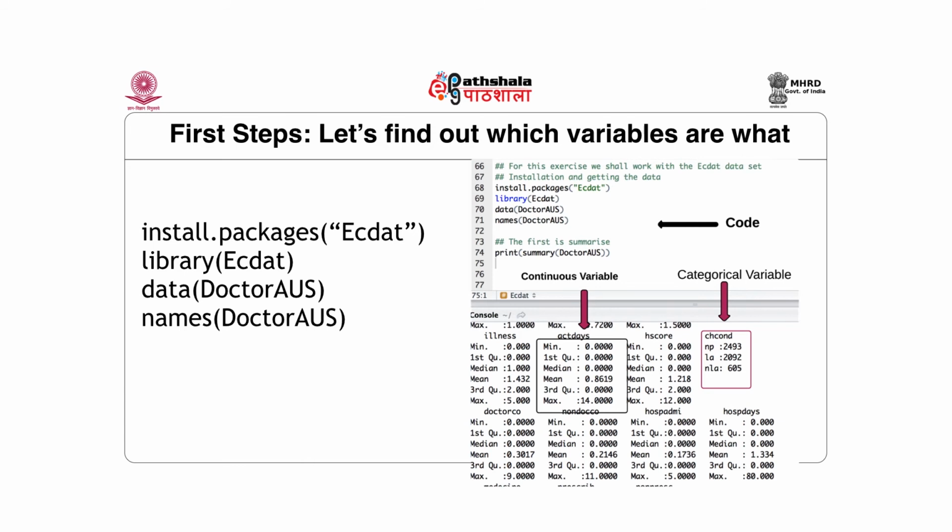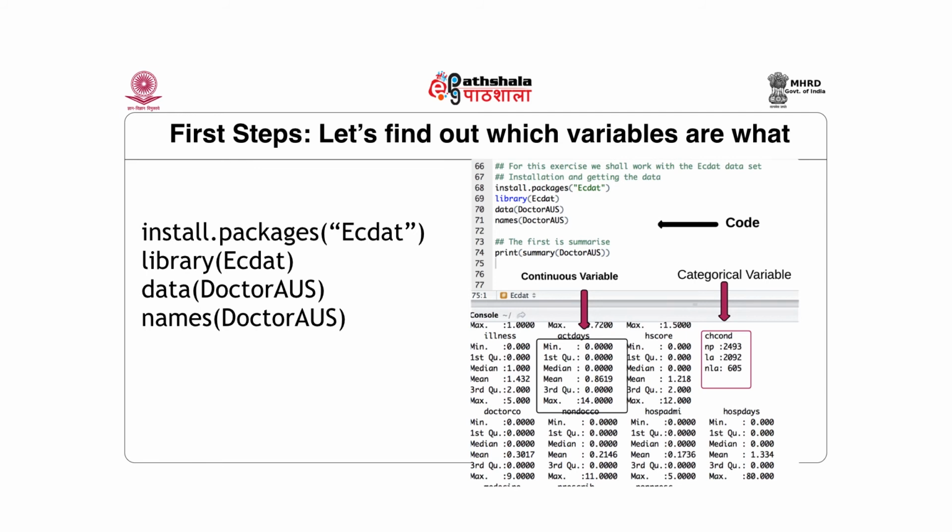And then here is an interesting function that you can use in order to examine the variables that are present in your data set. The function is names, and then within parentheses you attach the name of the data set. So what it does is that you can see this.